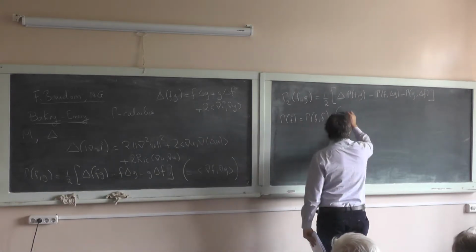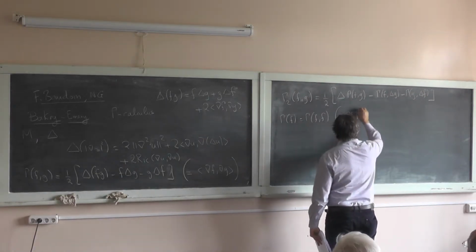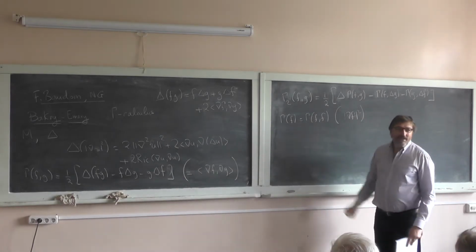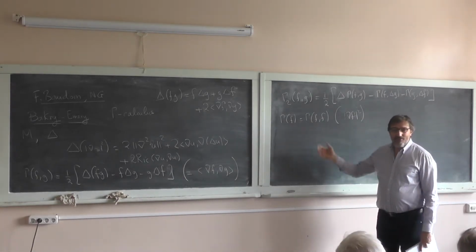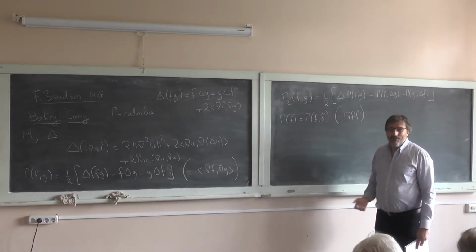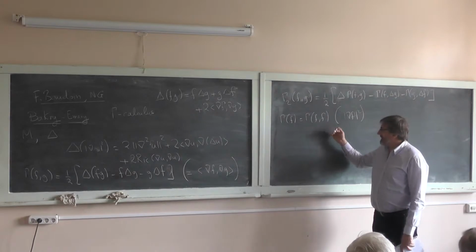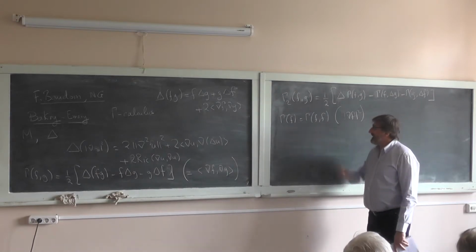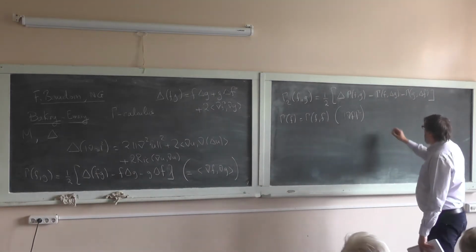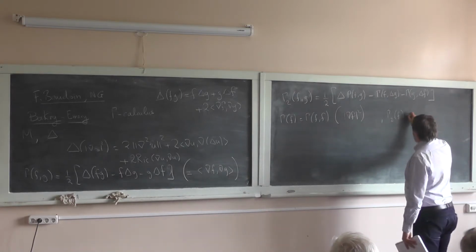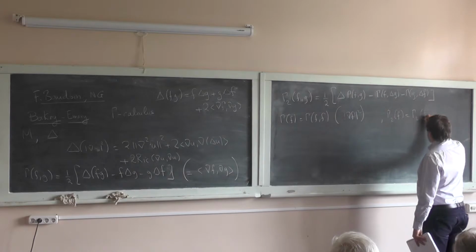Again, in the Riemannian case, this is just the length of the gradient of f squared. And for this reason, this is called, by French people, carré du champ. So the square of the vector field, in this case the vector field d/dx_i. And I will denote also by gamma 2 of f, gamma 2 of f, f.